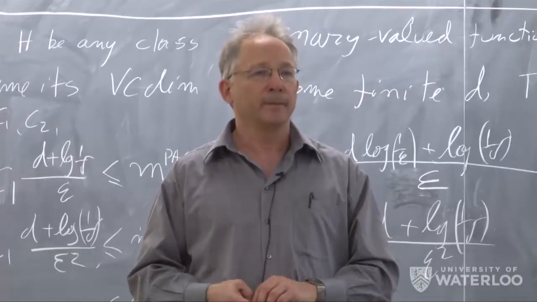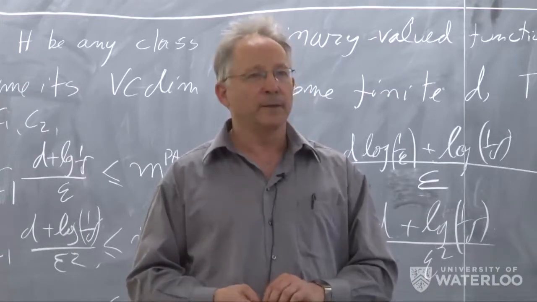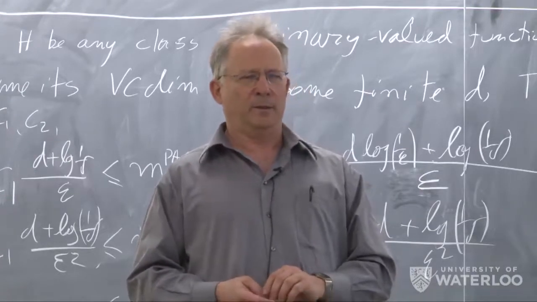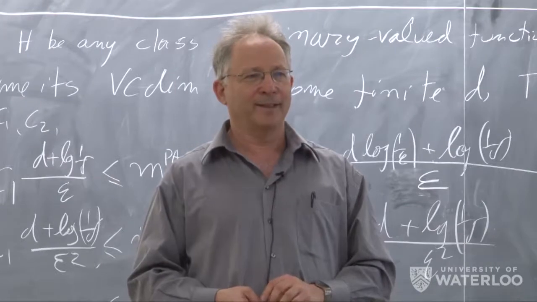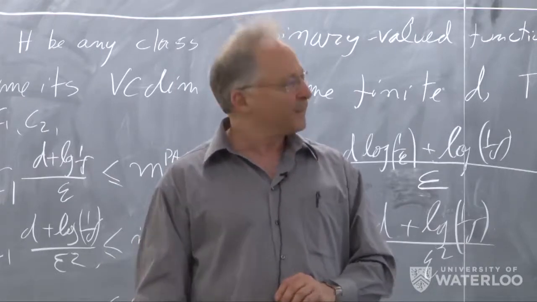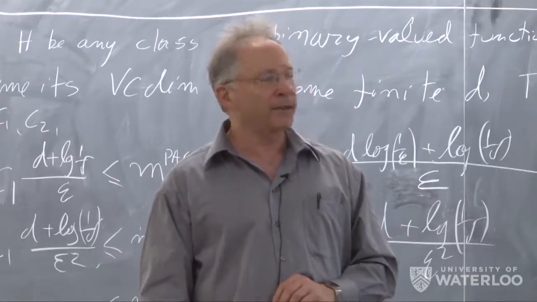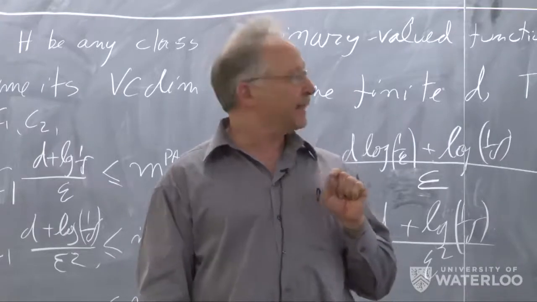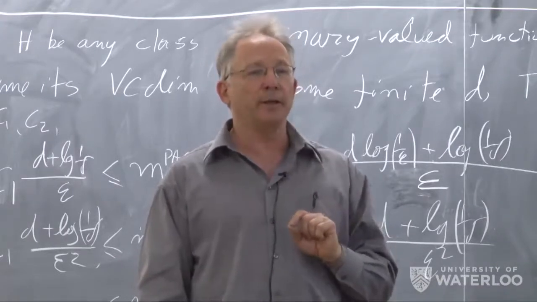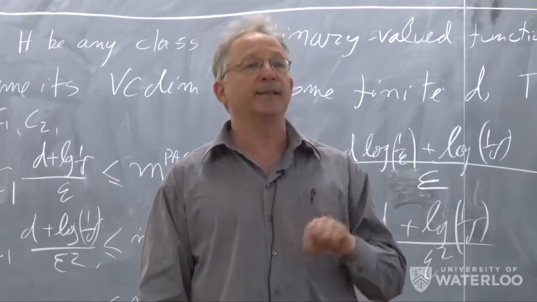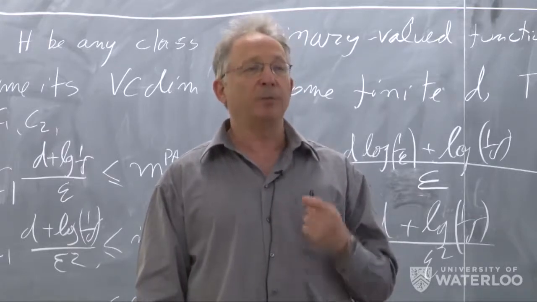How is this formula different from Hoeffding's inequality? There was a formula for giving a sample size. Hoeffding's inequality goes exactly in the other direction. It tells you that a certain sample size suffices. It's an upper bound.